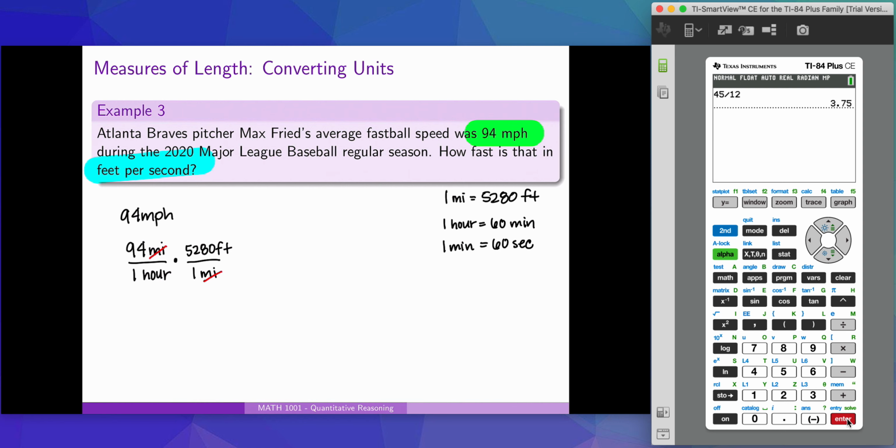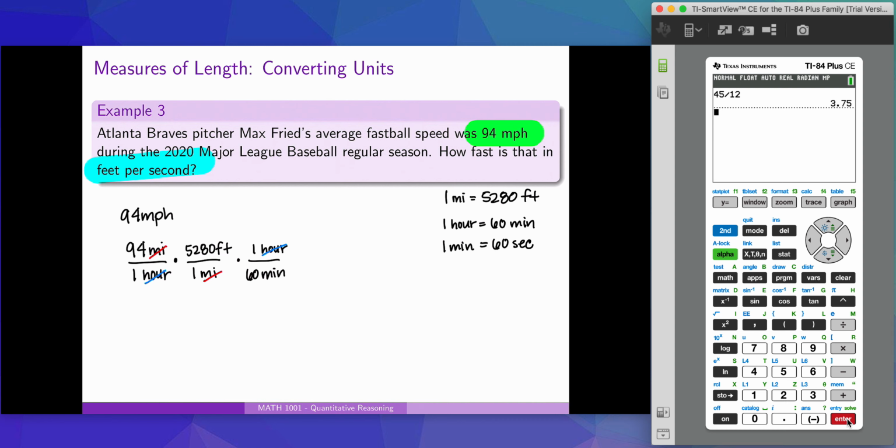All right, now I need to change my hours to seconds, so I can just keep going. I need to cancel out that hour, so it's going to have to go on the top. 1 hour is the same thing as 60 minutes. So hour cancels with hour. And so notice what I have.